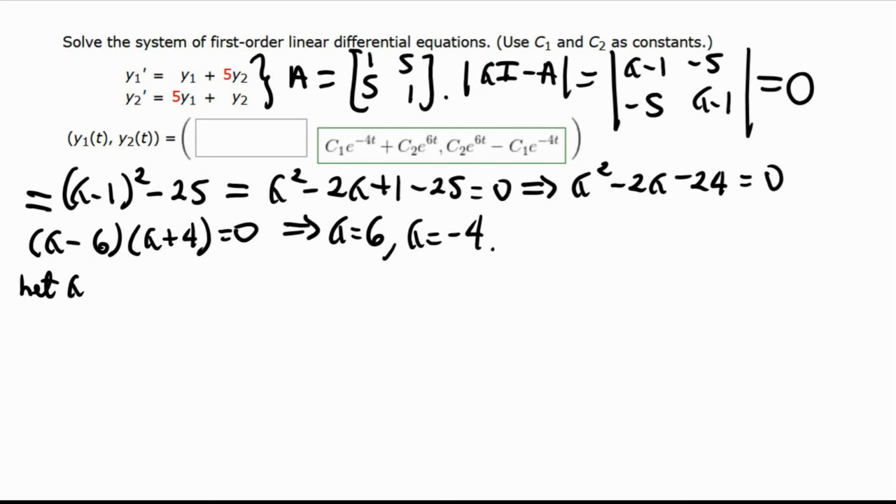So let lambda equal to 6, and we plug that into lambda I minus A, just the matrix, not the determinant. So we plug that in.